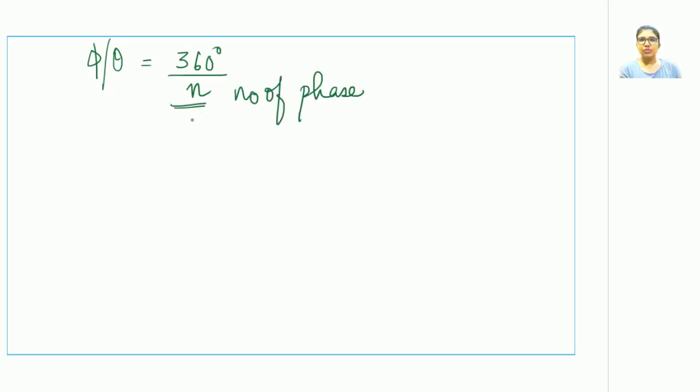This expression is valid for any number of phases except n equal to 2. For n equal to 2, this expression is not valid. That we will see later on. Right now, let us use this expression and check how the three voltages for a three-phase system are represented. For a three-phase system, the value of n will be 3.